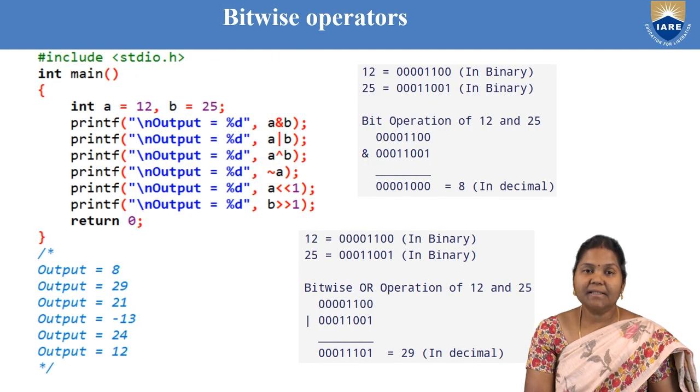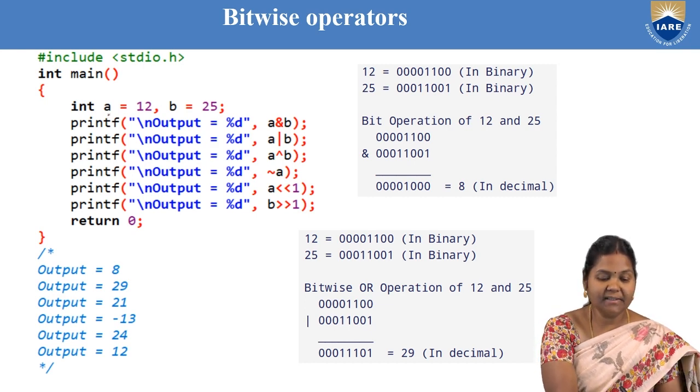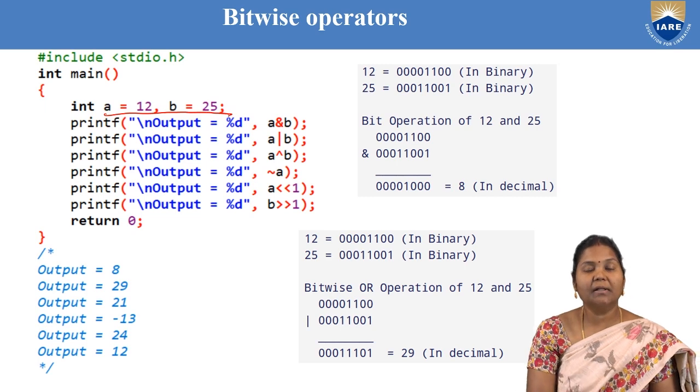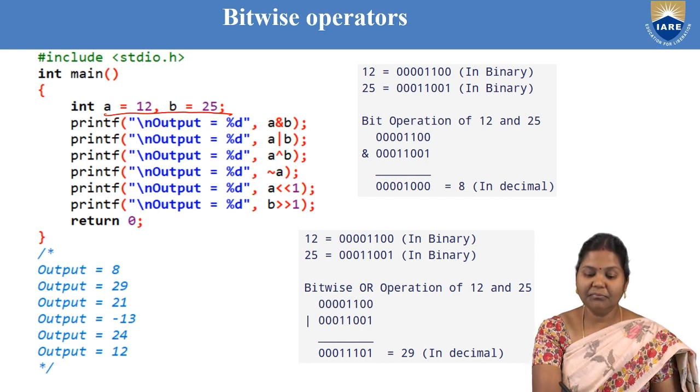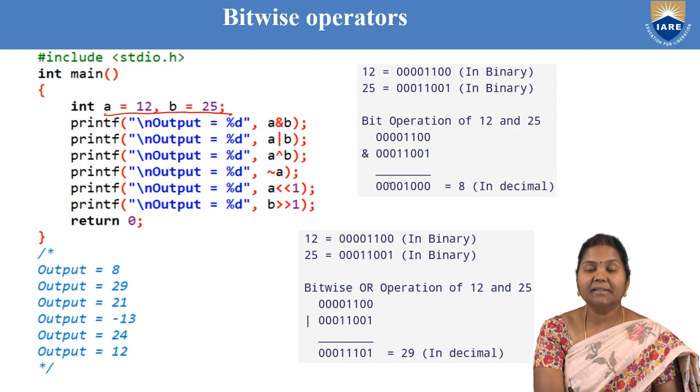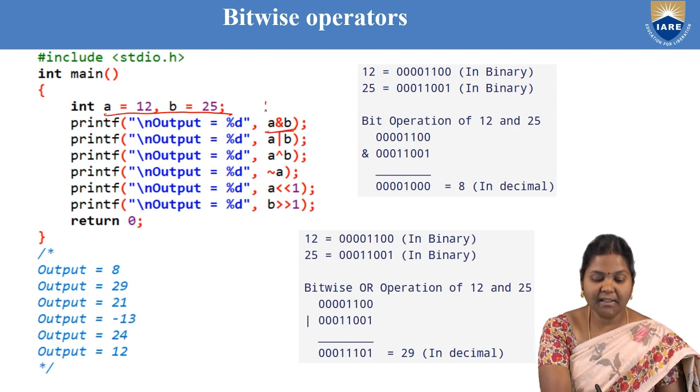Now, to understand how bitwise operators are working, let us go through an example. Initial value of suppose A is equal to 12 and B is equal to 25. Now, these values in bitwise operators, first they are converted into binary and then the bitwise operators are applied. So, let us see if you want to apply bitwise AND. This is nothing but 12 bitwise AND with 25.